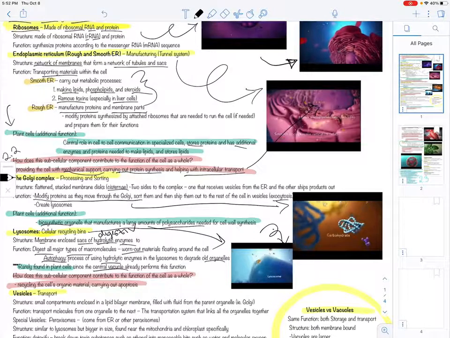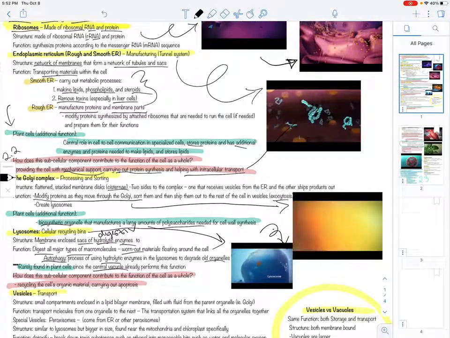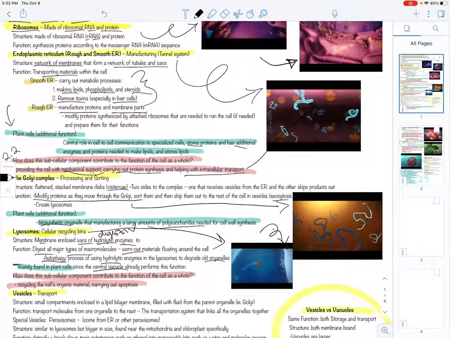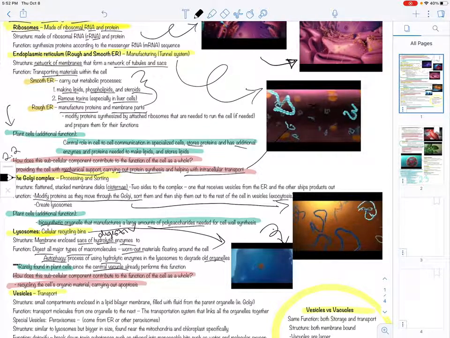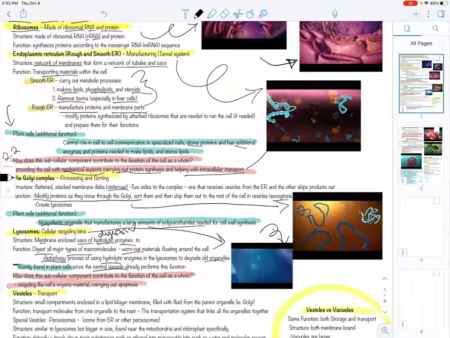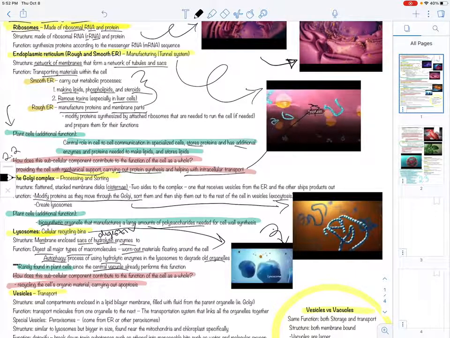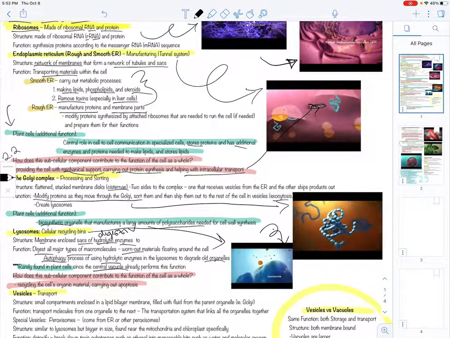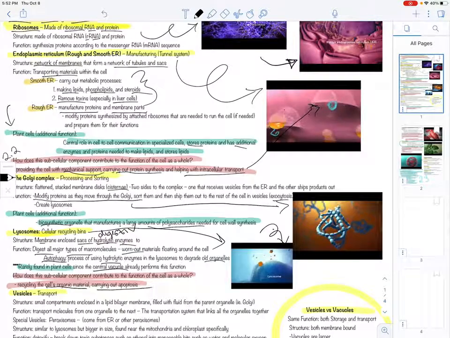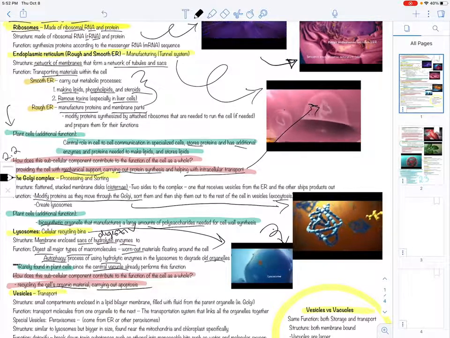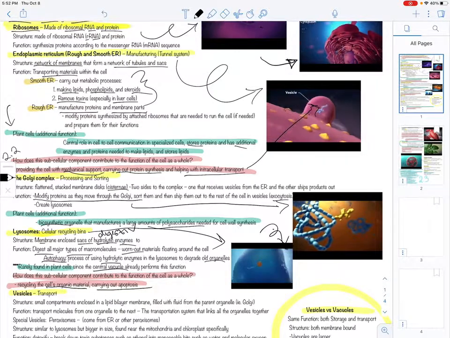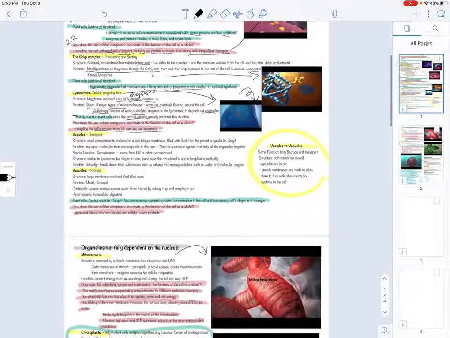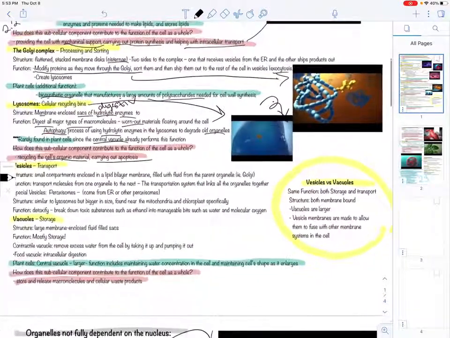Your Golgi body is helping your protein, it's modifying and packaging and sorting and sending those proteins out. And your lysosomes are helping because they are recycling the cell's organic material and carrying out apoptosis, which is programmed cell death.